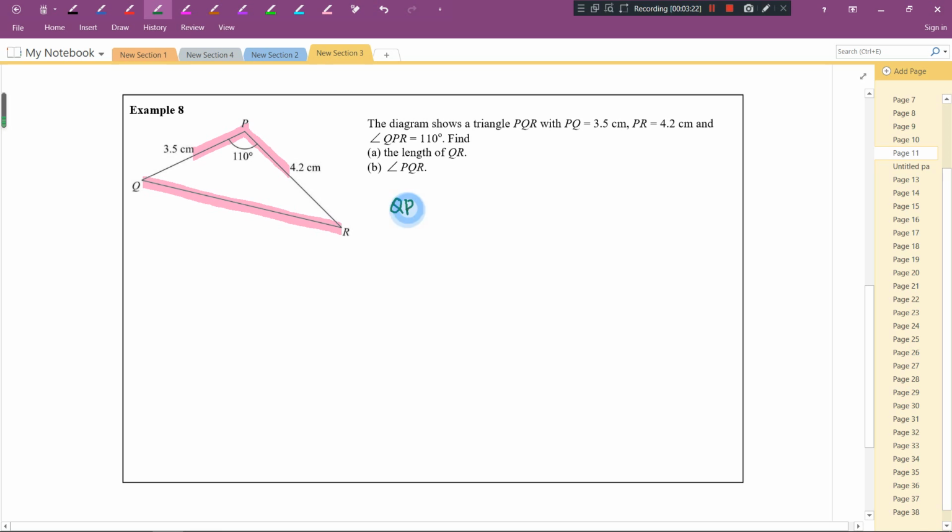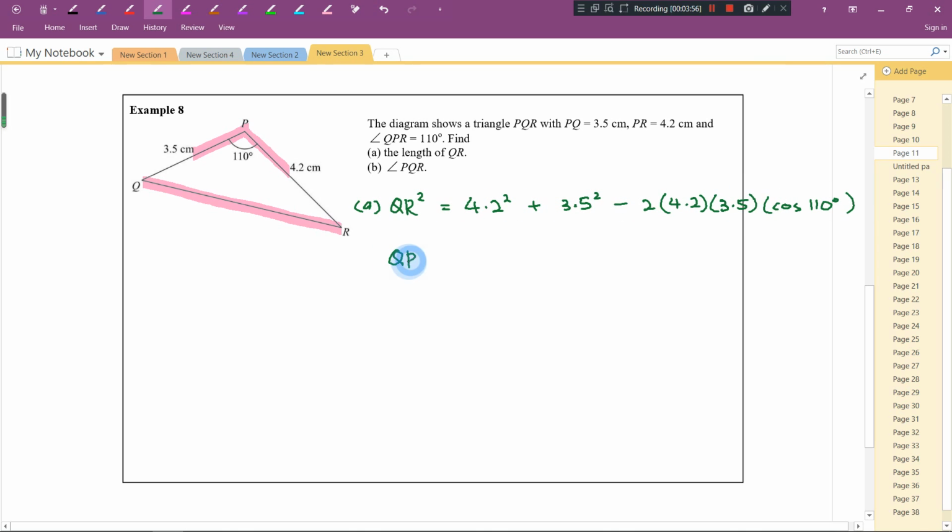So QR square, this is part A, is equal to 4.2 square plus 3.5 square minus 2 times 4.2 times 3.5, and then times cosine of which angle? 110 degrees. Remember, when you press the calculator one shot, you get the answer, but that is not QR.